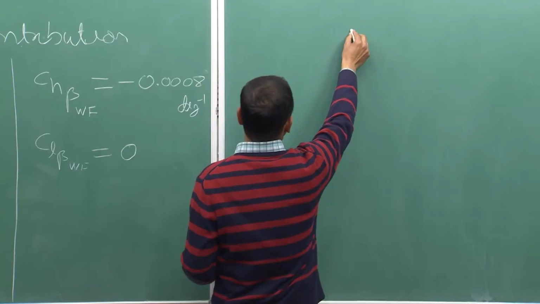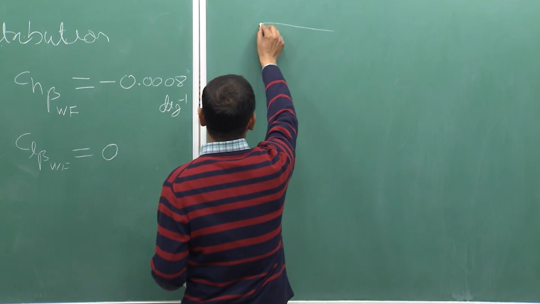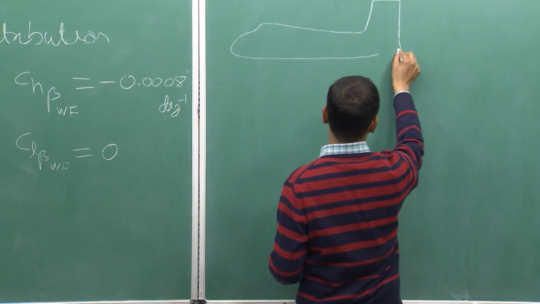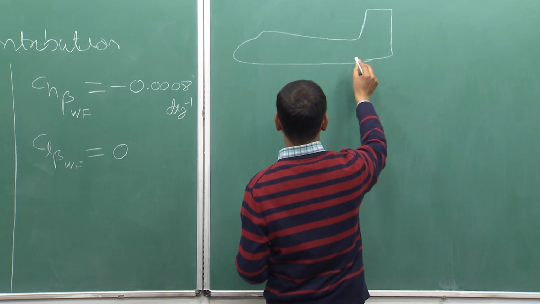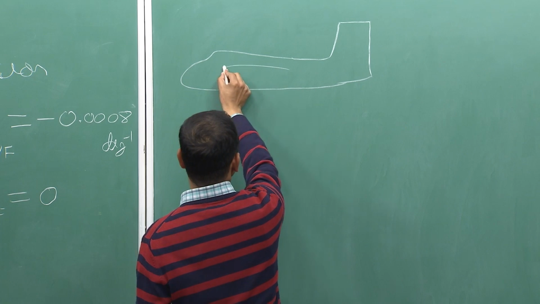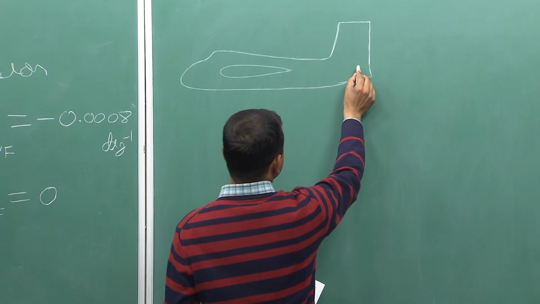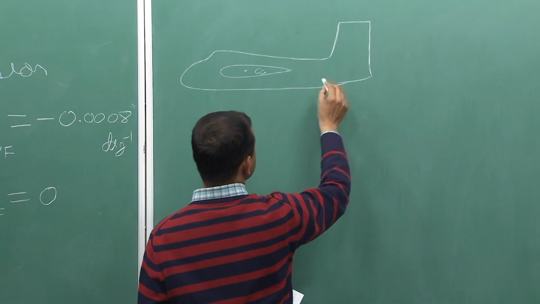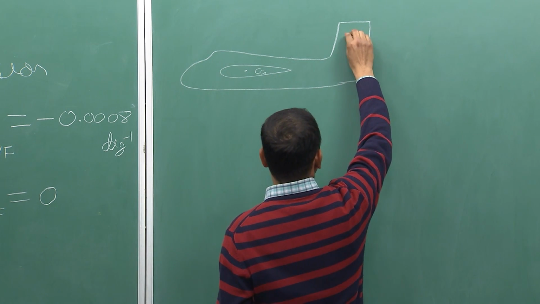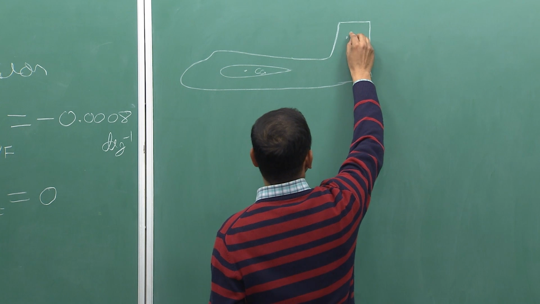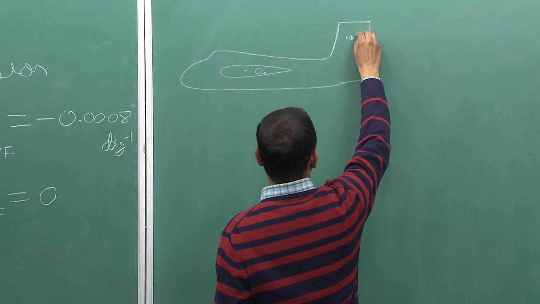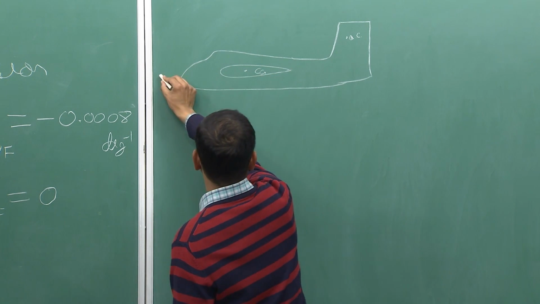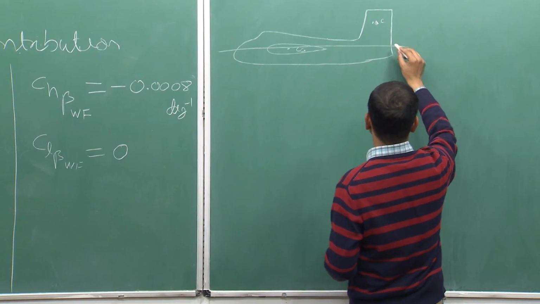So, what will be these variables for the aircraft? Let us find. This is the design. Suppose this is the CG. The aerodynamic center of the vertical tail is somewhere here. This is the body x-axis.